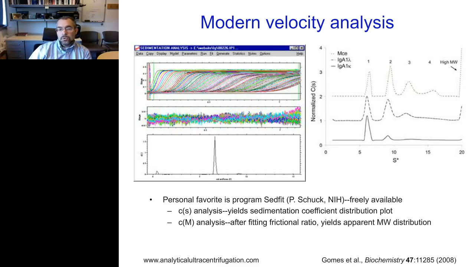And what you'll notice is that here we have a peak around 6 Svedbergs, and that turns out to be the IgA monomer. And we have other peaks here that correspond to the IgA dimer. And then in one of these samples, we actually have significant populations of higher order, probably trimeric or tetrameric forms of IgA as well.